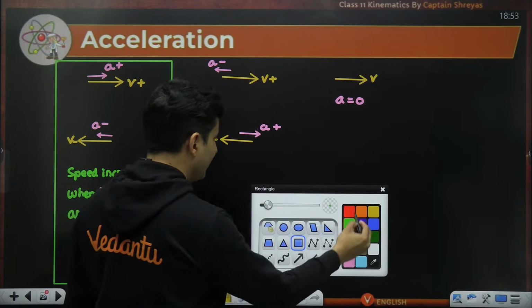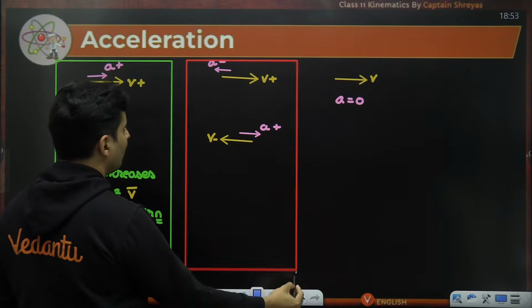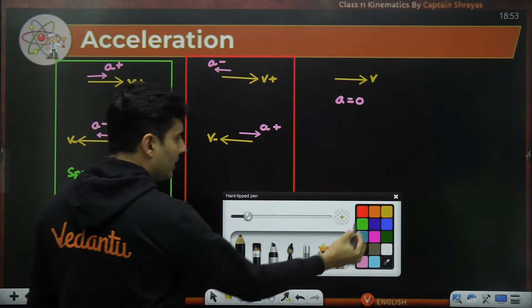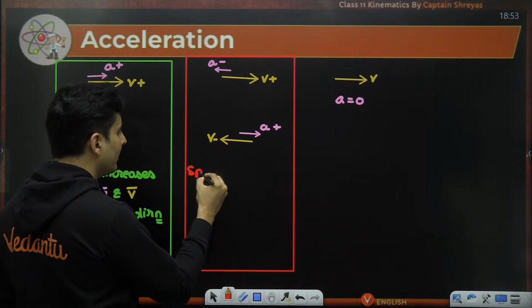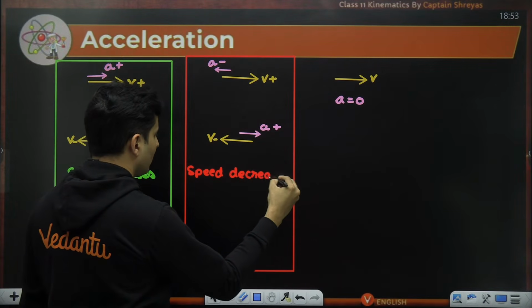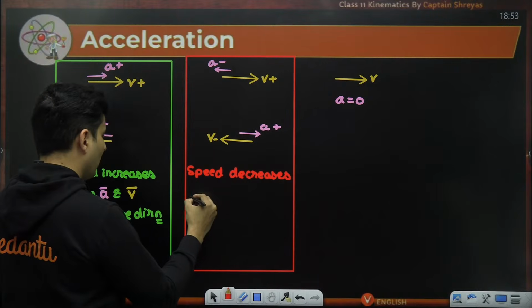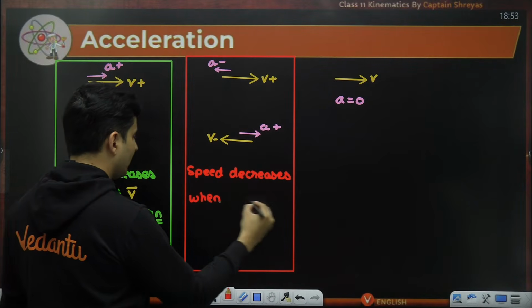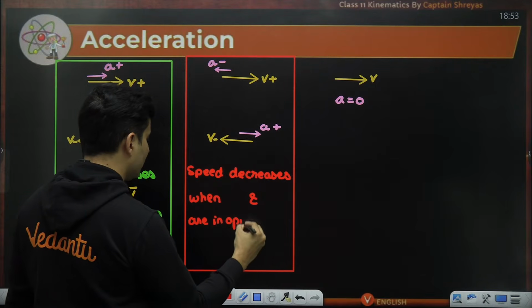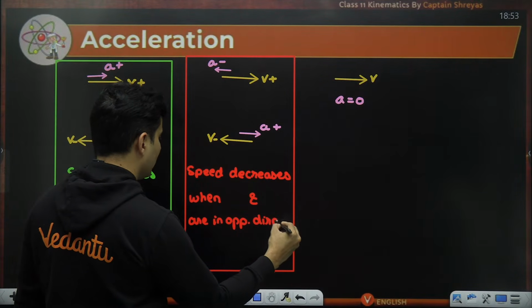But imagine a scenario like this where the acceleration and velocity are in the opposite direction. Then the speed will decrease. The speed decreases when both acceleration and velocity are in opposing or opposite directions.